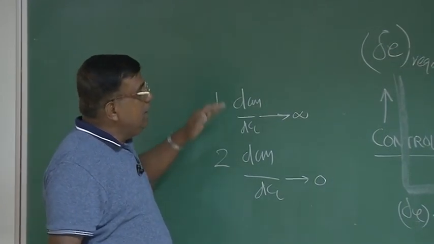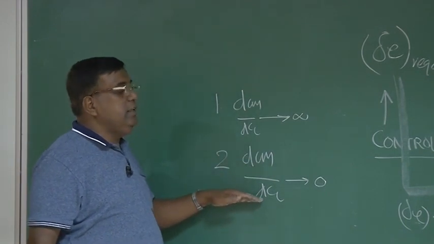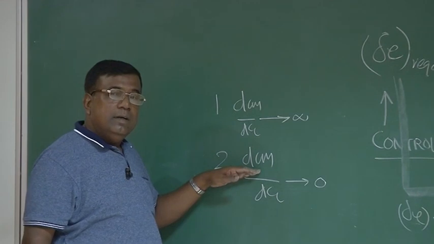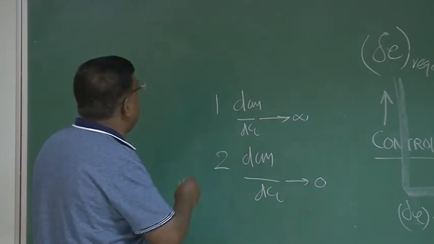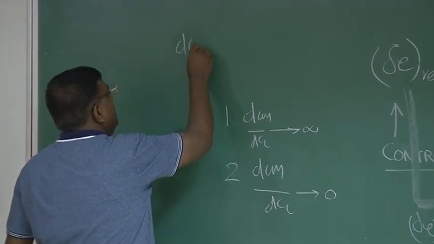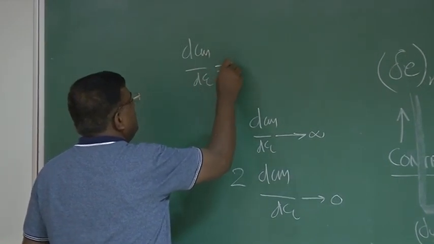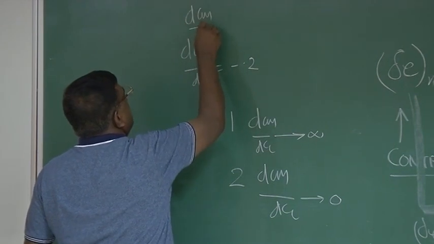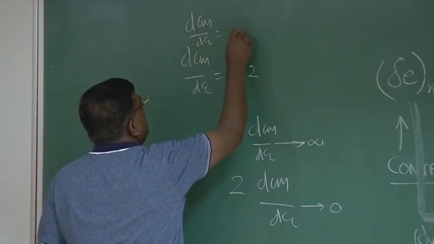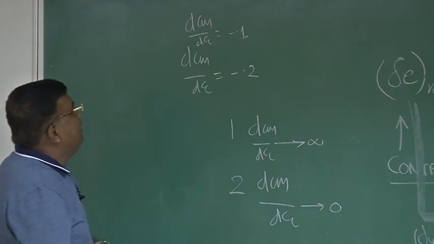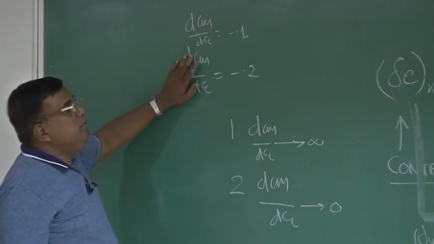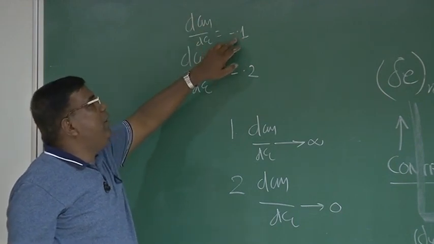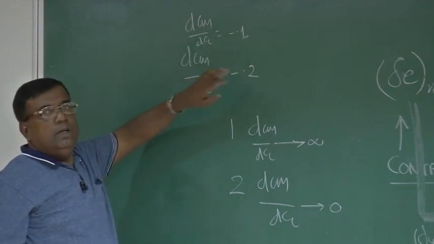It clearly says, as I make dCm by dCL less and less negative in the absolute sense, say if it is minus 0.2 in one case and minus 0.1 in the other, then I will say the first aircraft is statically more stable. Your algebra will say minus 0.1 is greater than minus 0.2, but I am not using that.